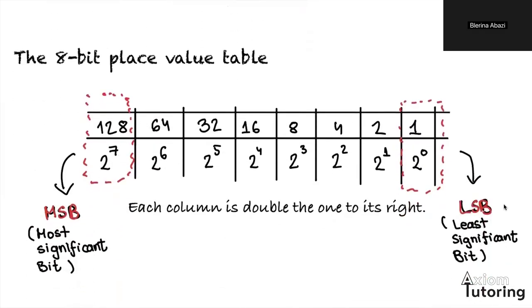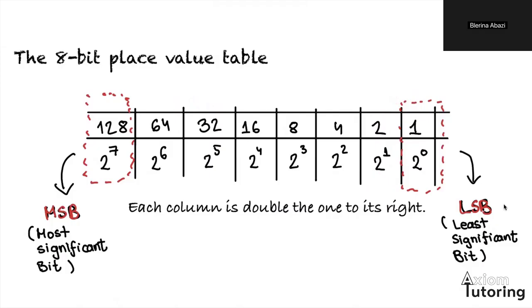Now, the starting point is this place value table. Every binary number is made up of columns, each representing a power of 2. Starting from the right here, we have 1, 2, 4, 8, 16, 32, 64, and 128. Each column is exactly double the one before it. So we have here 2, which is 2 times 1. We have, for example, here 16, which is 2 times 8, and so on.